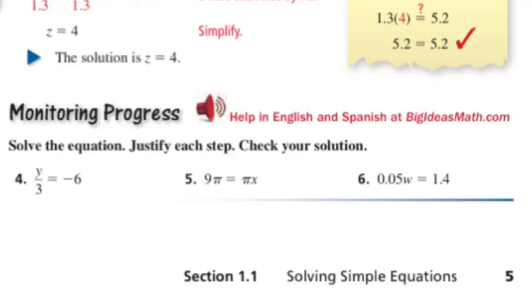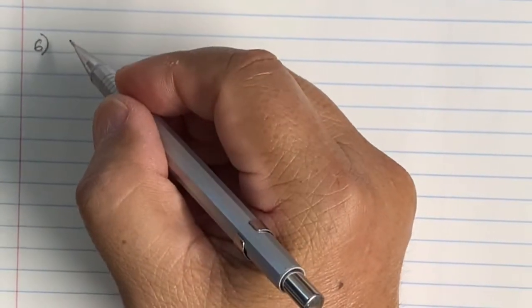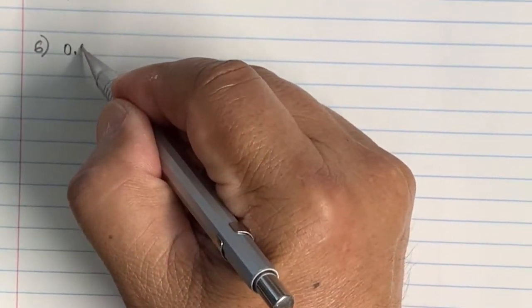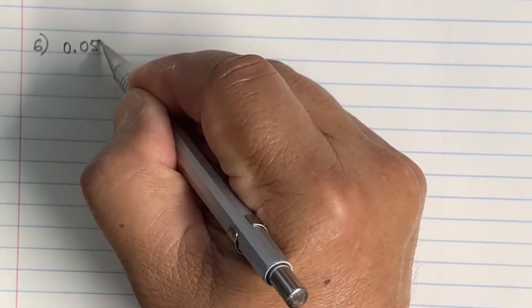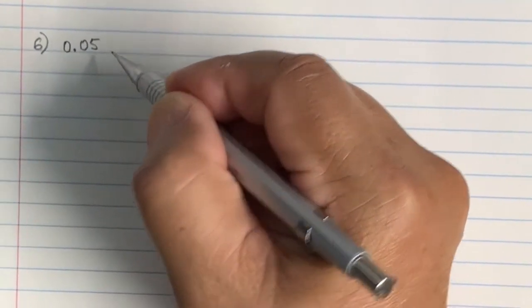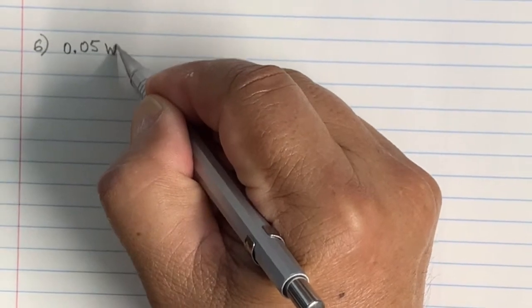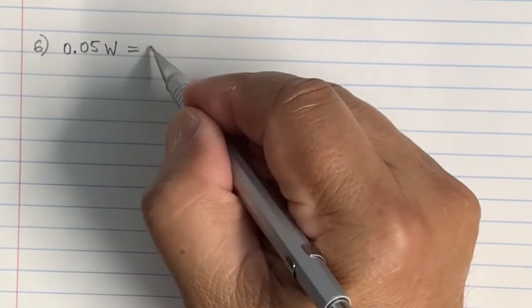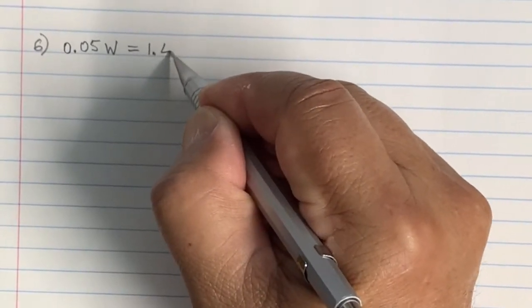Problem number 6. We have 0.05 times W equals 1.4.